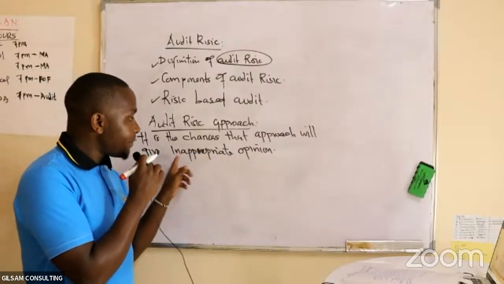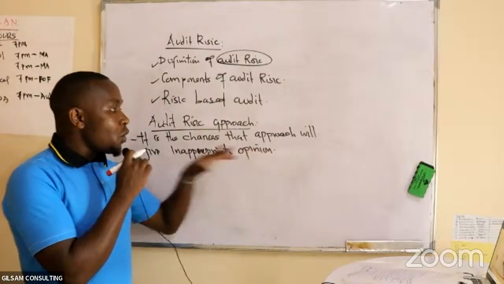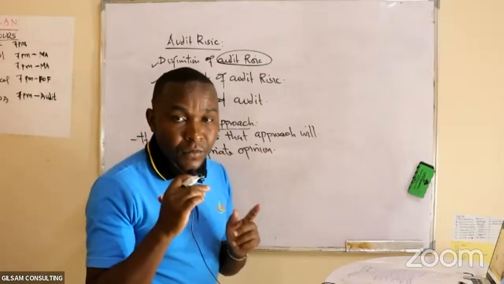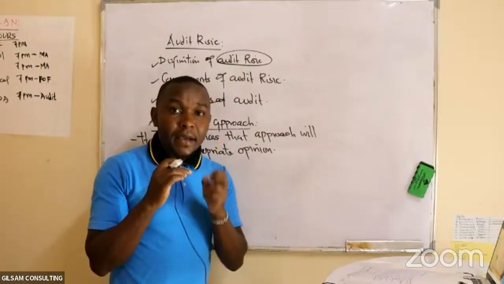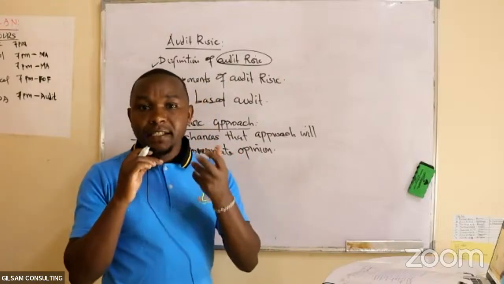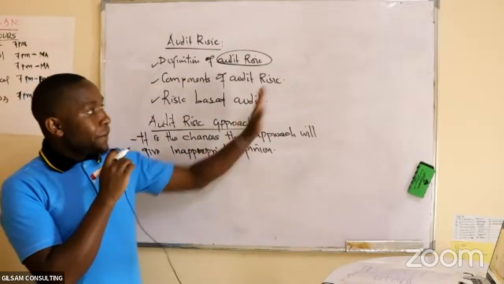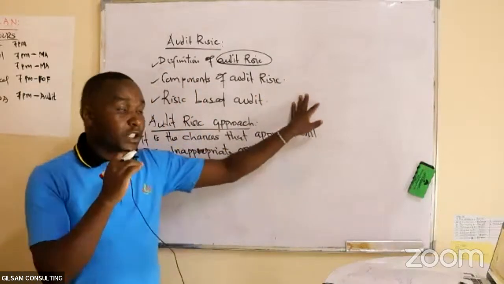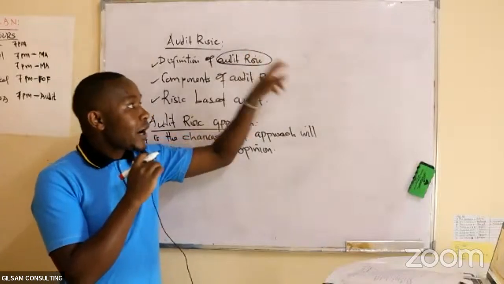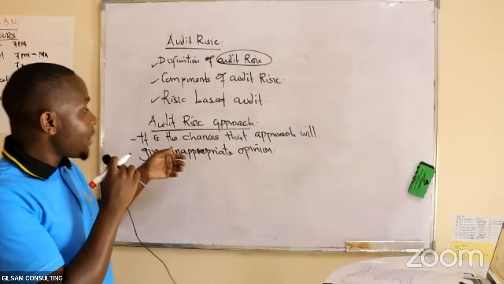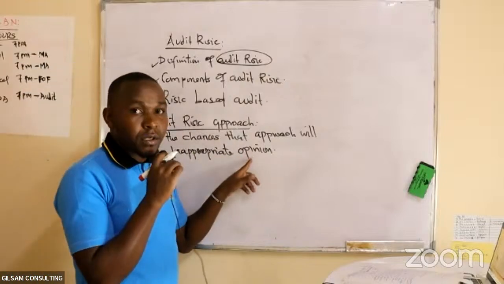This inappropriate opinion is a risk, not only to the company, but also to the investors of the company. Remember, in a company we have several parties: shareholders, owners, and investors, and they all depend on the audit report.